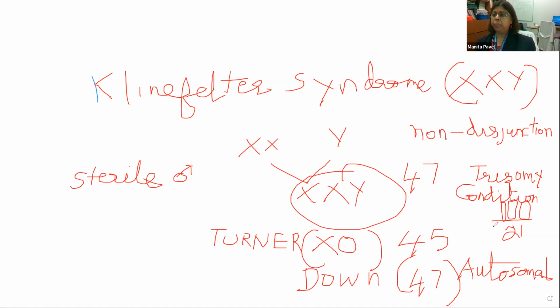Now, what are the symptoms? These individuals have loose folded skin around their eyes, which tend to slope up at the corners. Many of them are mentally retarded. Their IQ is lower than average.